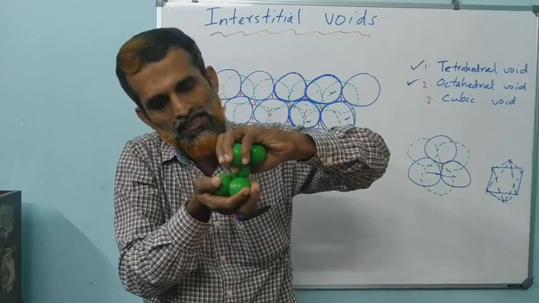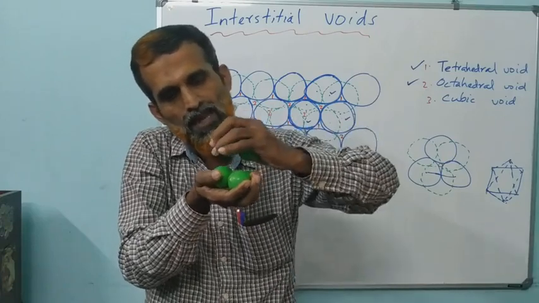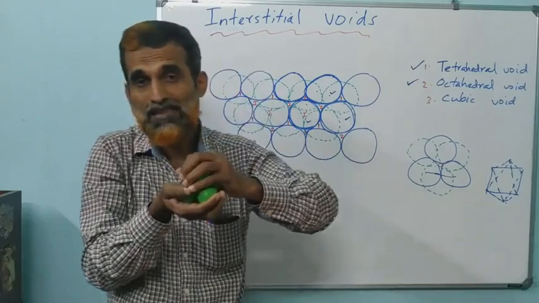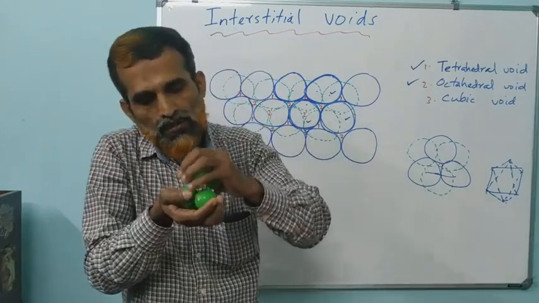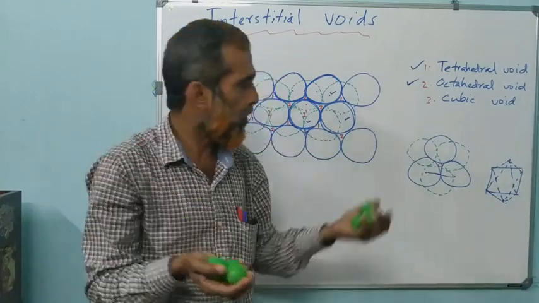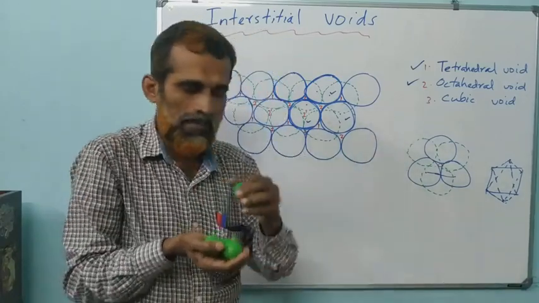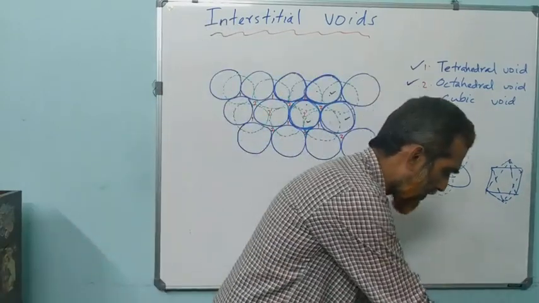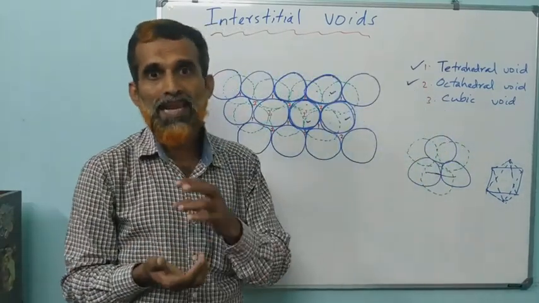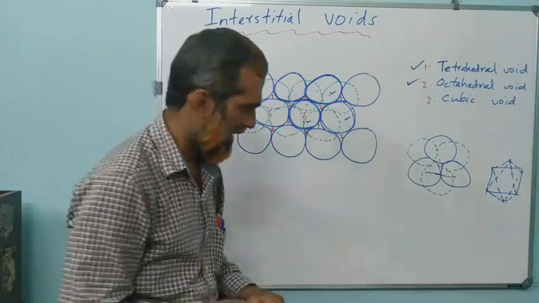That means the octahedral void is a little bigger than the tetrahedral void, so you can keep a little bigger sphere inside it.